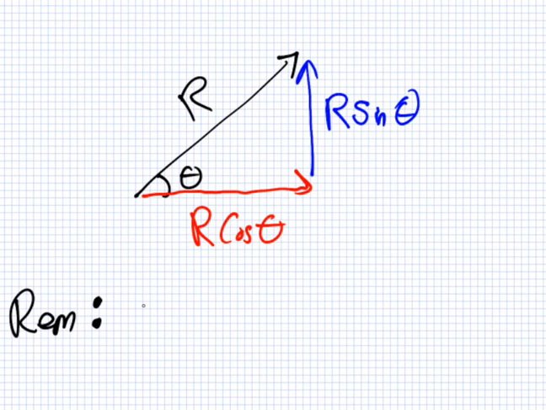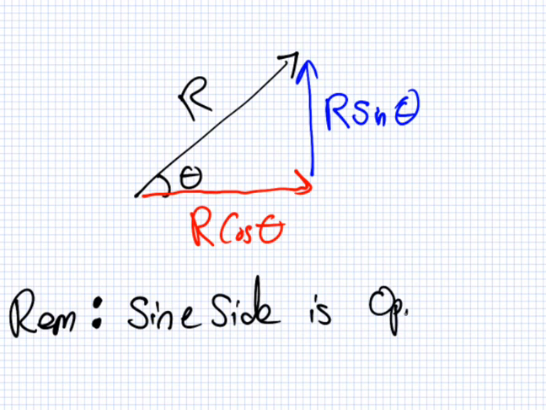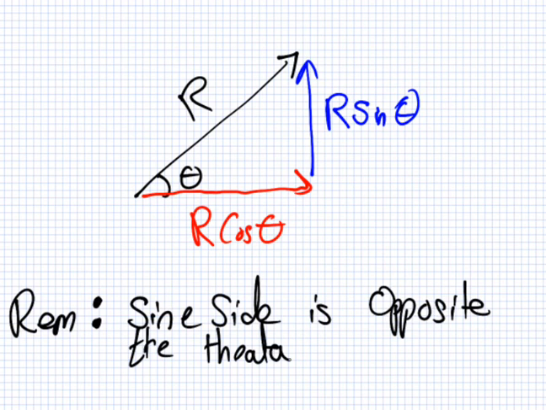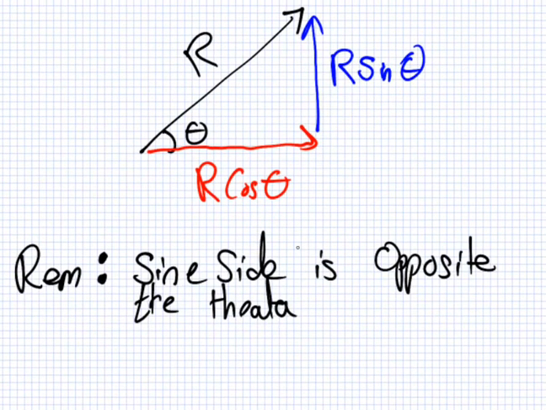Therefore, the opposite is equal to r multiplied by sine theta. Likewise, our formula says cos theta is equal to the adjacent over the hypotenuse. So therefore, the adjacent is equal to r cos theta.